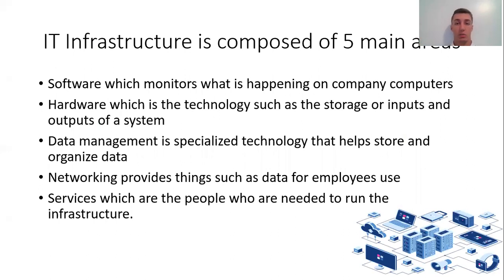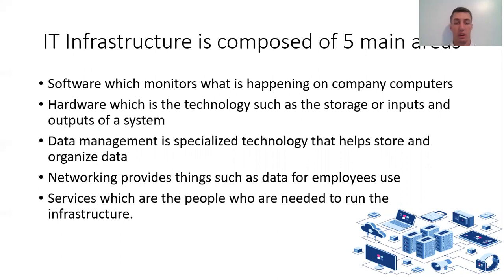IT infrastructure is composed of five main areas. These are going to be software, which has to do with monitoring things that are going on in the company, hardware, which is the technology that is used for storage, inputs, outputs, data management, which is more of a specialized technology that not everybody needs because they might not be as large of a company, but it helps organize and store data.